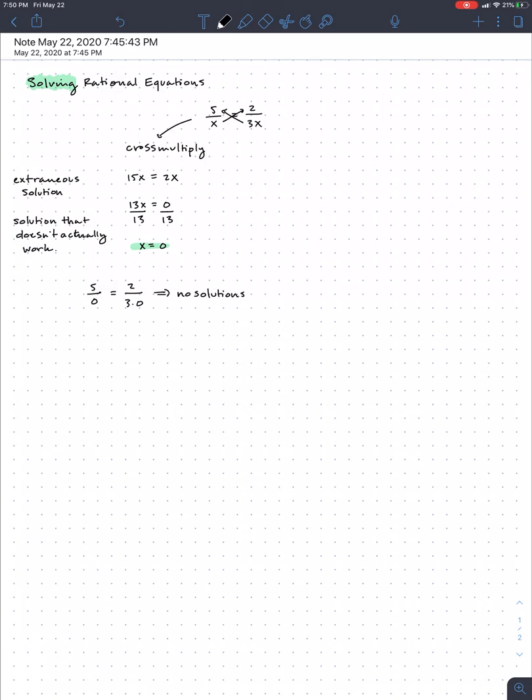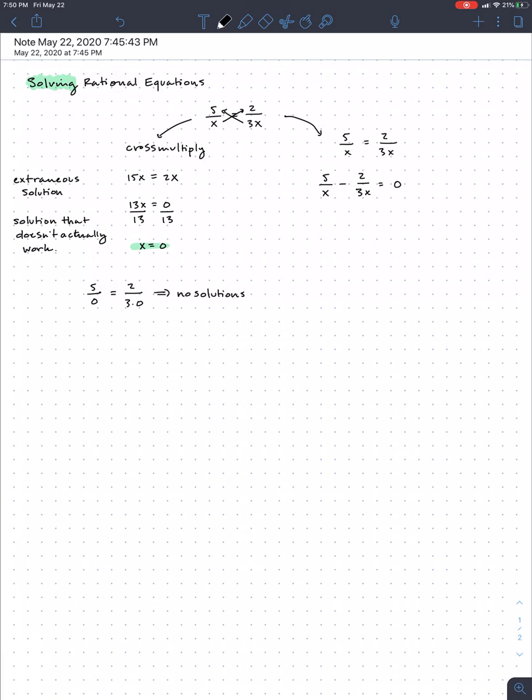Let's try another way with our common denominator to see that we're going to get the same thing. So if I have 5 over x, and that's equal to 2 over 3x, I could move both terms to one side. So I have 5 over x minus 2 over 3x is equal to 0.